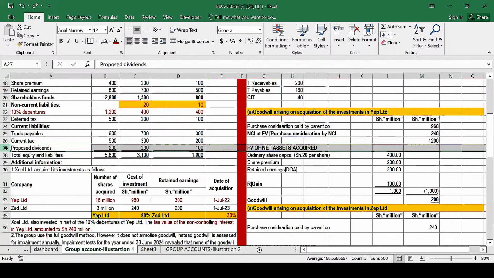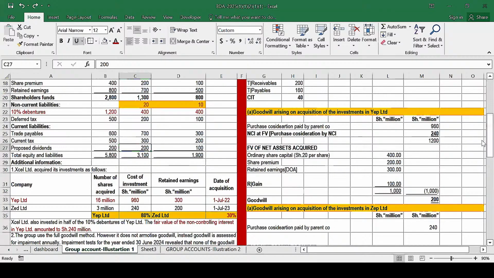A reason being, these dividends are supposed to be paid by the parent to its shareholders, but this proposed dividend by the subsidiary, 80% is payable to the parent. It's like an amount of intercompany debt.